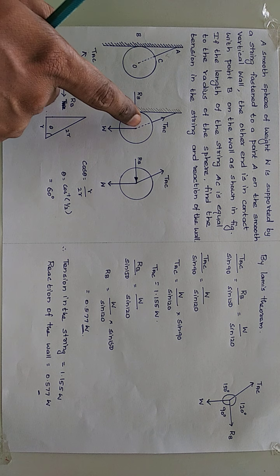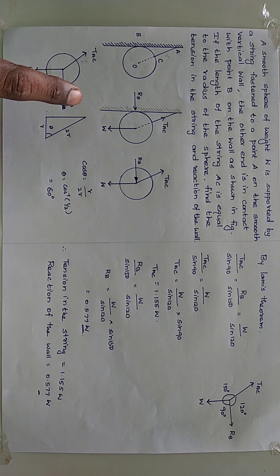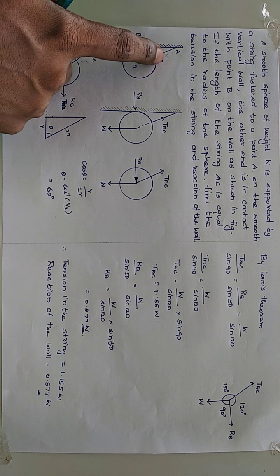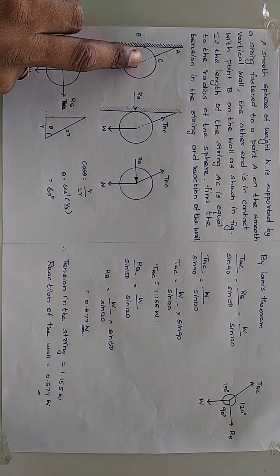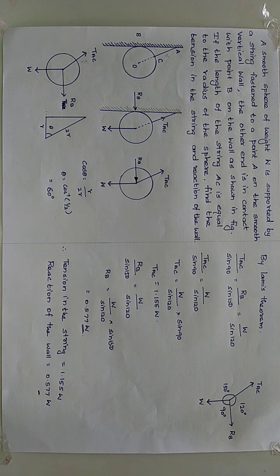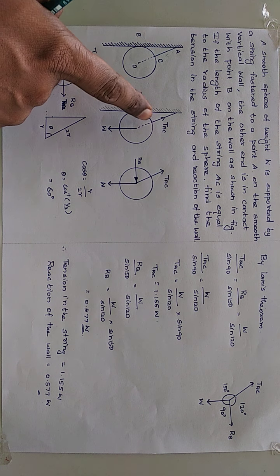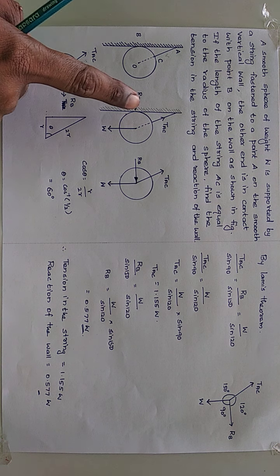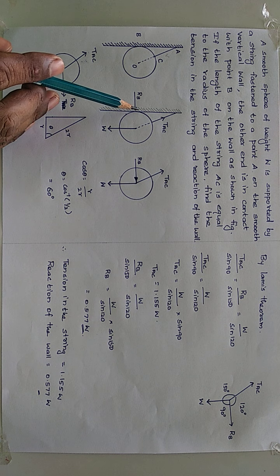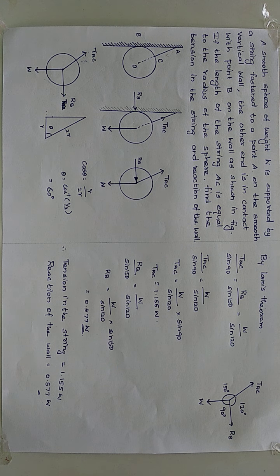As the weight is acting, the sphere tries to fall downwards, but it is not falling down because it is supported by the cable. But it is not only supported by the cable, because it is also hitting on this wall. So the wall also supports this weight.